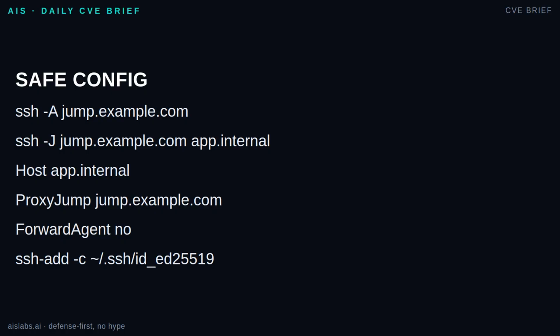The config block makes that permanent for app.internal using ProxyJump. ForwardAgent no is shown explicitly, even though it is the OpenSSH default, because explicit denial prevents surprises from broader config. The last line reloads a key into your agent with confirm per use. Every signature should prompt you, assuming your AskPass setup supports confirmation.